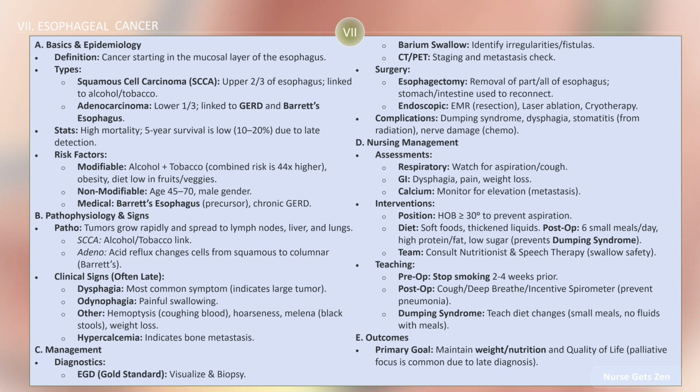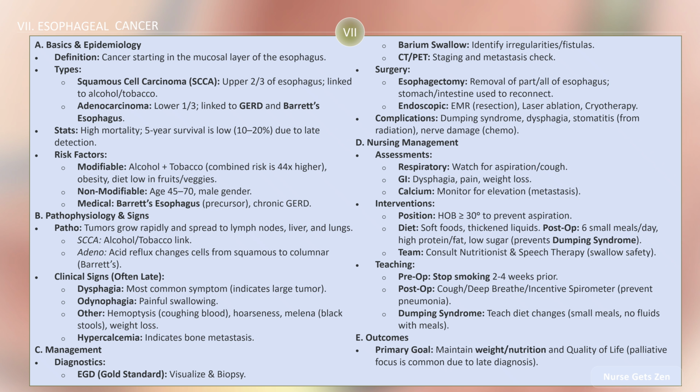The risk factors: alcohol, tobacco, age 45 to 70, usually male, and medical conditions like Barrett esophagus and chronic GERD. The pathophysiology: the tumor grows rapidly and spreads to lymph nodes, liver, and lungs.